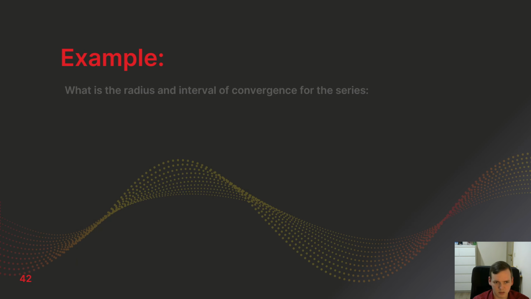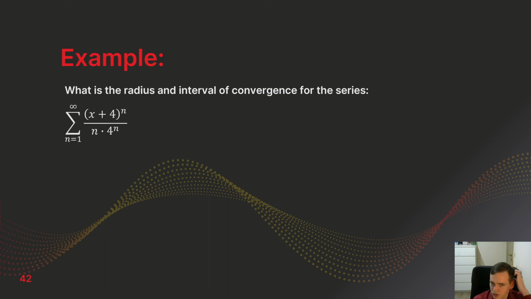So for example, what's the radius and interval of convergence for the series (x plus 4) to the n over n times 4 to the n? Anytime I see n's in my exponents, or variables in my exponents, I'm thinking ratio test. But let's run a quick check with an easy nth term test.